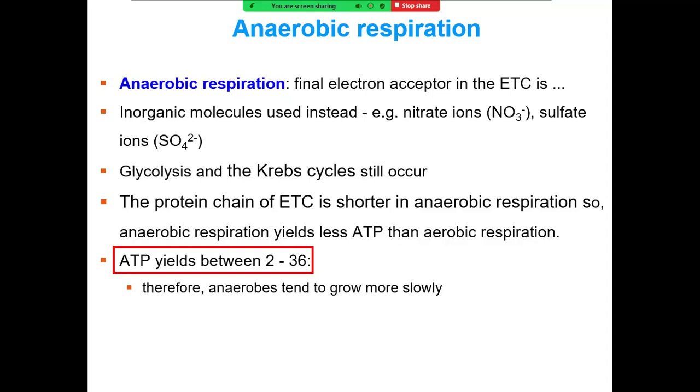Therefore, anaerobes, particularly prokaryotes, generate less ATP in anaerobic respiration than aerobes. And therefore, anaerobes tend to grow more slowly than aerobes, because aerobic respiration is the most efficient method there is for generating ATP. Any question about any of that?